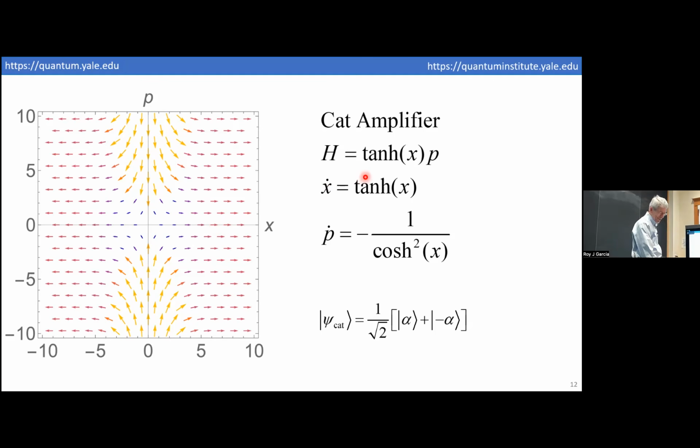Here's a simple one: if I could make this Hamiltonian tanh x p, then I would get something like that. We had an undergraduate who figured out how to make this work, and do polynomial approximations of this. And you can just keep making your cat bigger and bigger to overcome one part of the dissipation.